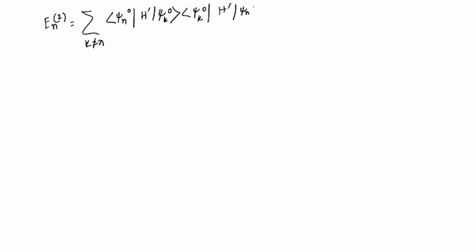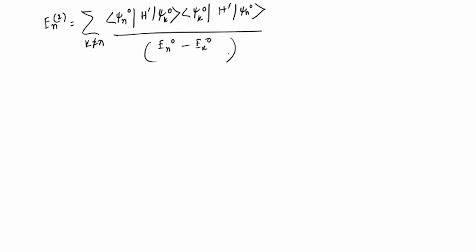So E_n^(2) is simply equal to the sum over k not equal to n of ψ_n^0 H′ ψ_k^0 times ψ_k^0 H′ ψ_n^0, divided by E_n^0 minus E_k^0.